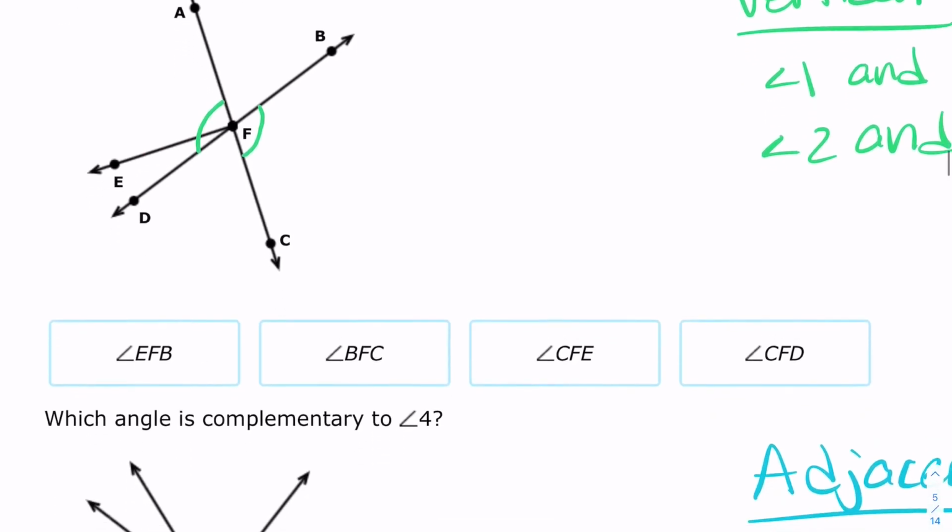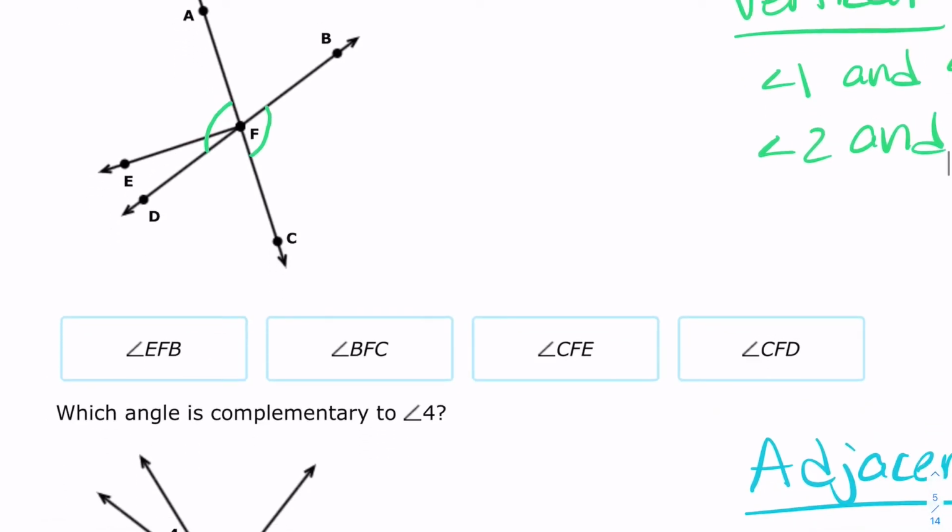So it's BFC or CFB. I have to see which one is here. CFB, nope. BFC, the backwards one, yep, that is all good. So the answer is BFC. BFC is vertical to DFA.